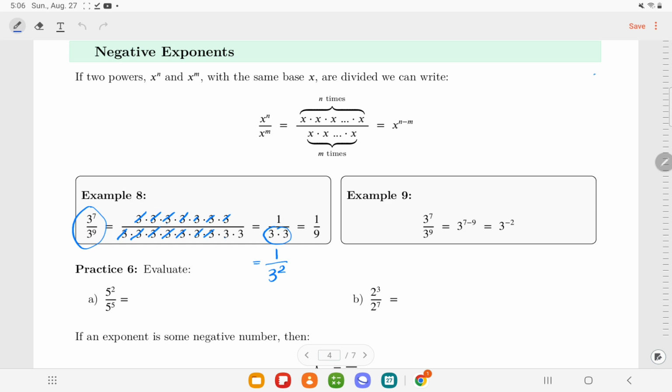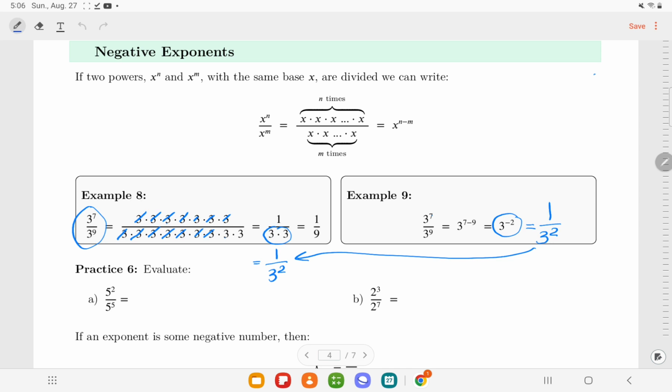But when we use our rule, same base, keep the base, subtract the exponents, we get 7 minus 9, which gives us 3 to exponent negative 2. And we can see that 3 to exponent negative 2 is the same as 1 over 3 squared, because that's what we got from here.